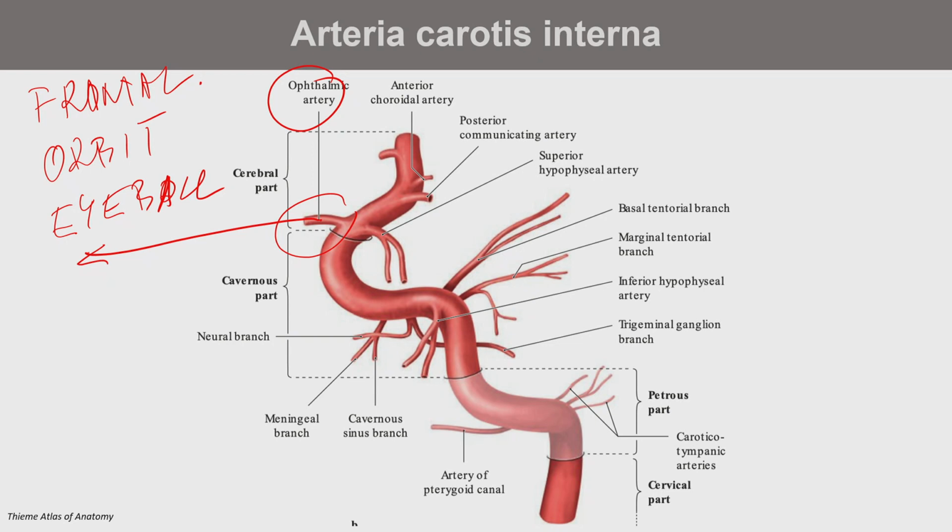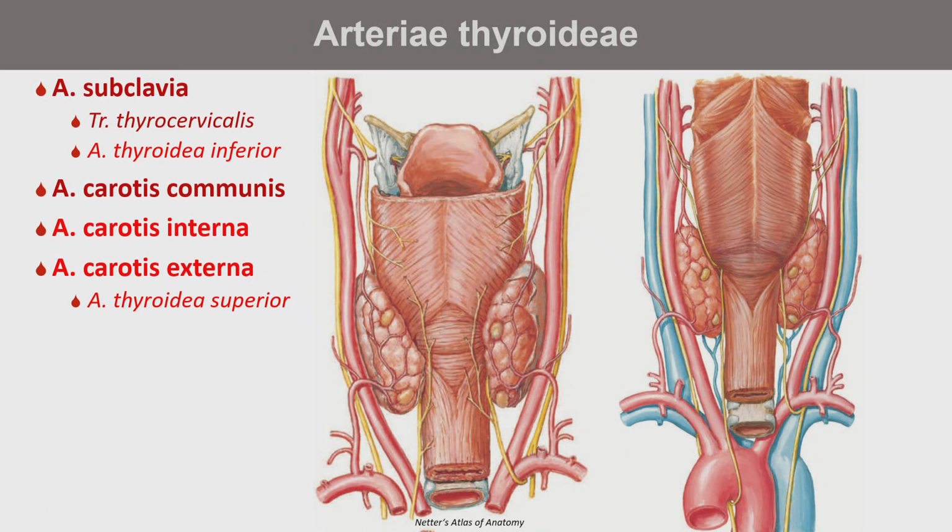And if you also remember that here we have the superior and inferior hypophyseal arteries supplying the hypophyseal region, it could also be important, because we will talk about the blood supply of the pituitary gland, which is important to understand some endocrinological syndromes. So this is the internal carotid. Now I skip to the region where we also have some problems understanding the supply.